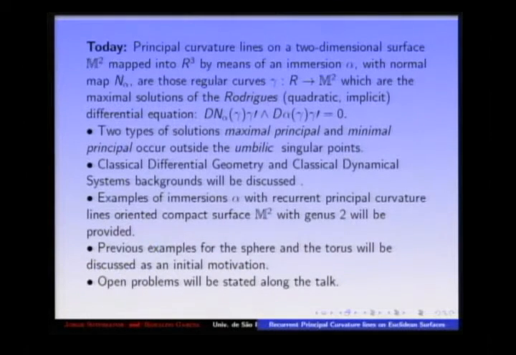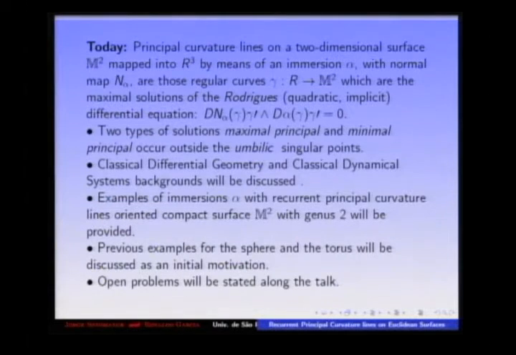And what are classical dynamical systems? Dynamical systems is a very broad area, expanding in many directions, as is also differential geometry. But classical dynamical systems is the one that is closer to Peixoto, to Andronov-Pontryagin, to Poincaré, to Welington and Jacob's book. That is what I call classical dynamical systems.